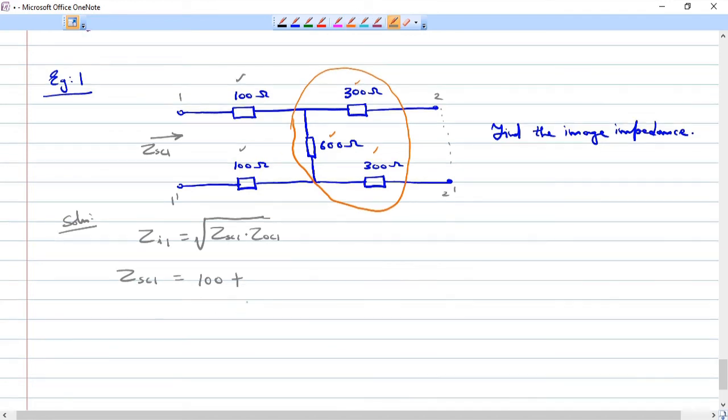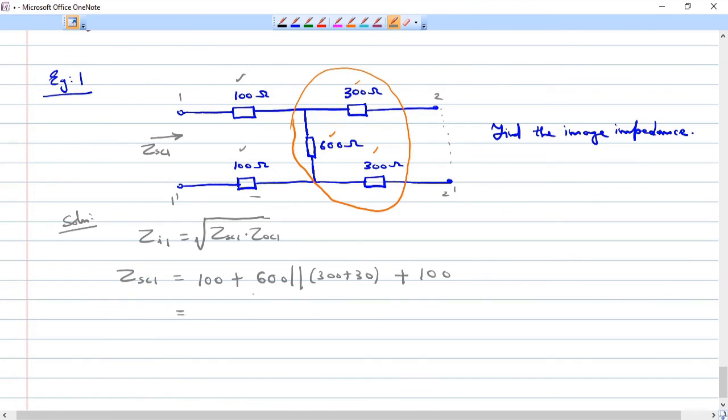So 100 plus 600 parallel with 300 plus 300, and plus 100, that is this 100.